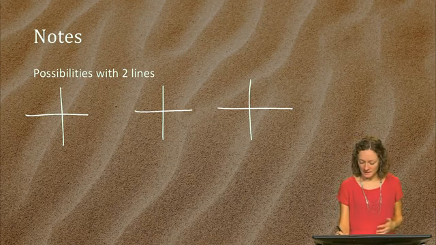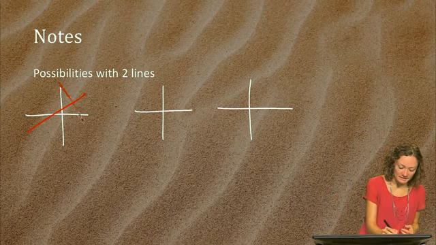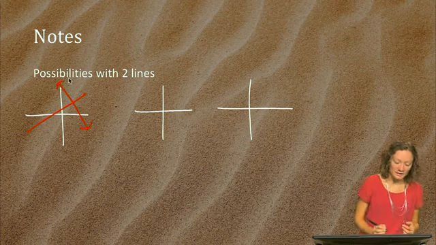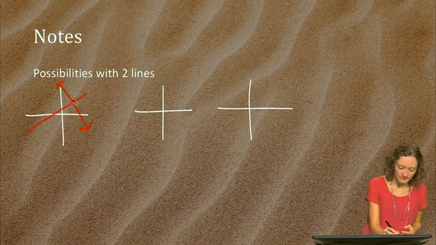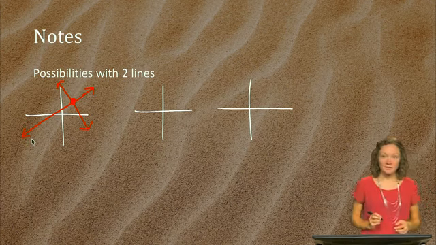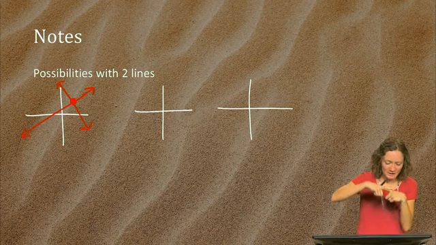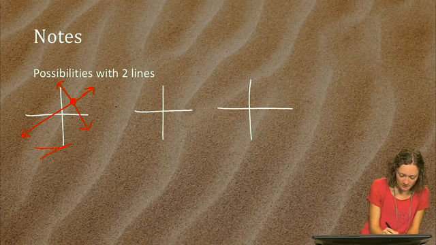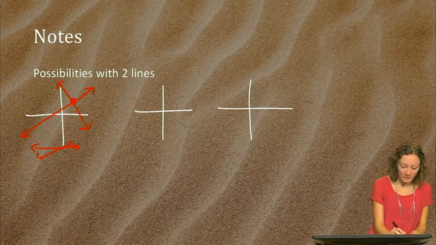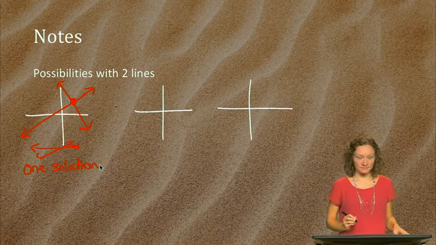It could be the case, let's draw these in red, pretty easily, that the two intersect at one location. They might be perpendicular like this. It might be that they just cross a tiny bit and keep going, but this is one thing that could happen. It could be that you get one solution.